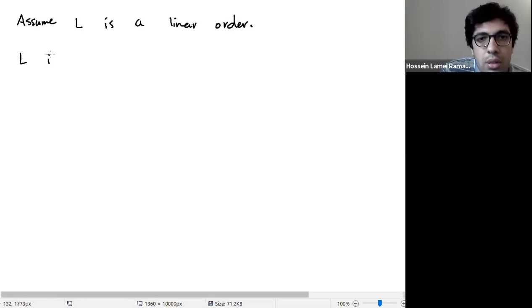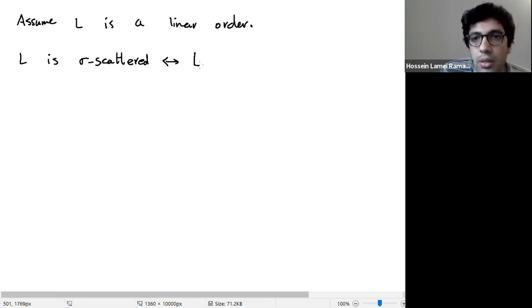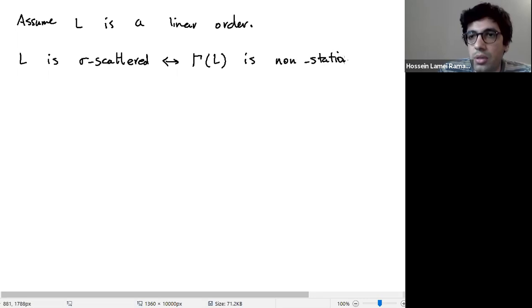L is sigma scattered if and only if gamma of L is non-stationary. And because we're working with linear orders and lexicographically ordered omega-1 trees, which do not have copies of omega-1 star, this is the same as sigma well-ordered.